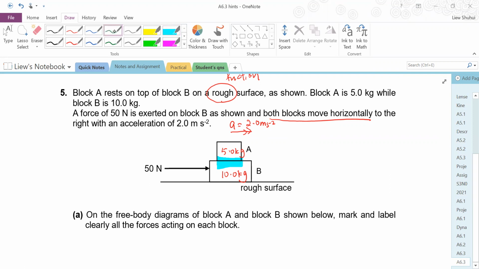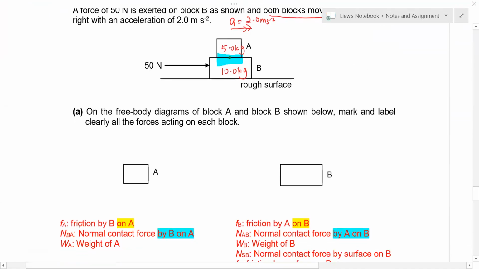So if A moves with B, it must be because there is friction between the surfaces to pull block A along together with block B. So there should be friction by B on A. If A is pulled along with B, what should the direction of friction be?